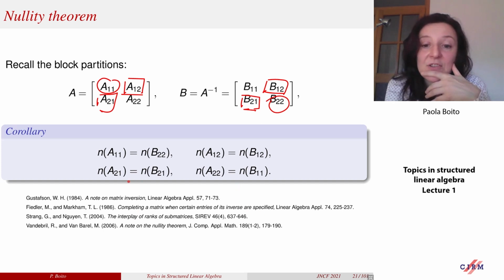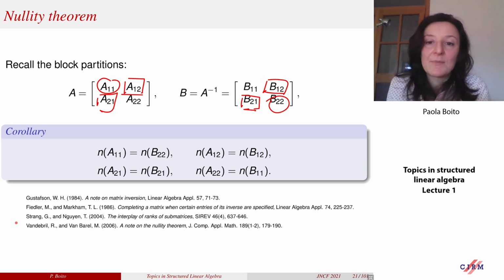But there was an original work by Gustafsson who gave a formulation in terms of matrices over principal ideal domains. And there's also a very nice presentation by Van der Briel and Van Barel, who give alternative proofs and illustrate the use of this theorem in structured matrix algebra, in structured linear algebra.